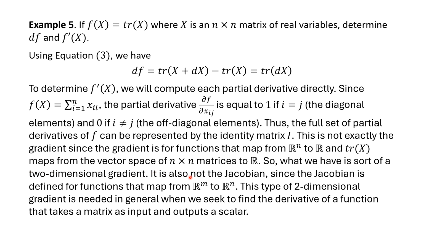And you may think, well, that's the Jacobian, isn't it? Well, no, the Jacobian is defined for functions that map from R^m to R^n. So that's not what we have here. This type of two-dimensional gradient is needed in general when we have a function that maps from matrices to scalars. And we'll see that also in the next problem.